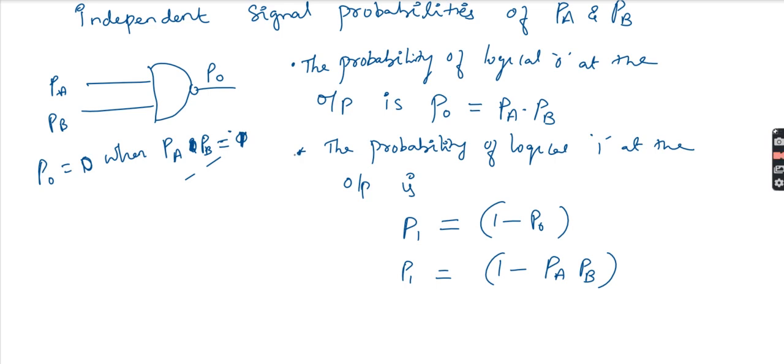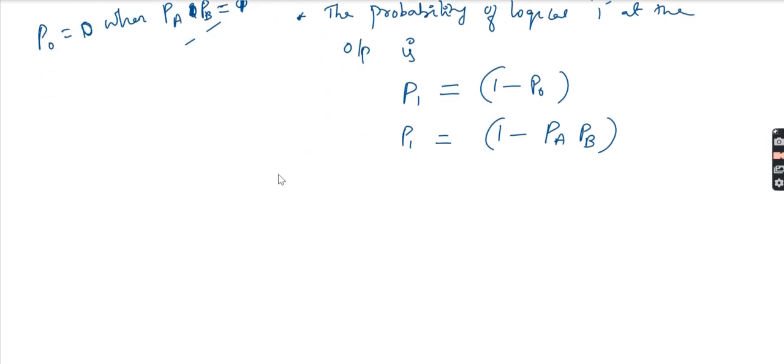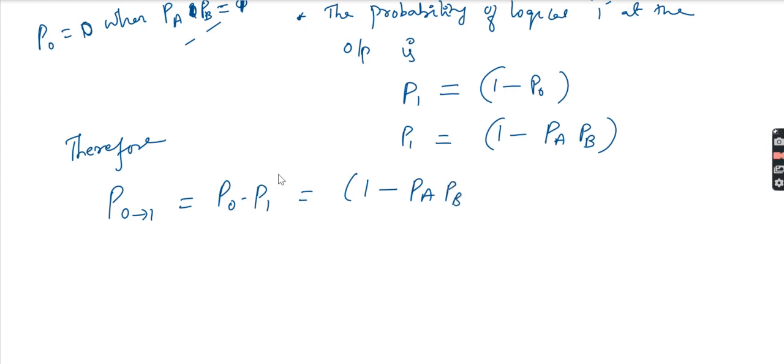Now what will be the switching activity? The switching activity is P0 times P1. P0 is nothing but PAPB, and P1 is nothing but 1 minus PAPB.